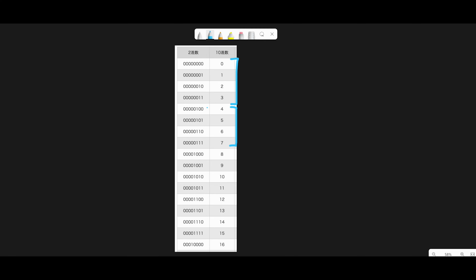So okay, from 4 to 7, let's delete this one, and then look at the two numbers at the most right. So 4 is 0, 0. And look at the 0 here, 0, 0, right? And look at the 5, which is 0, 1.